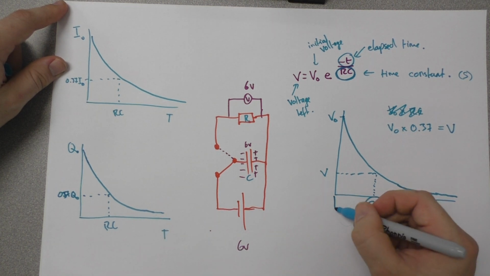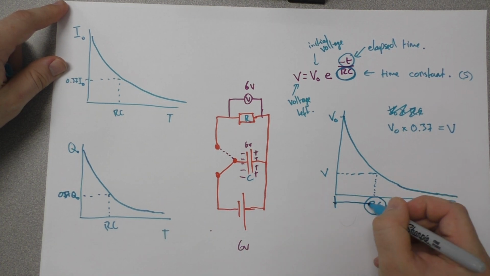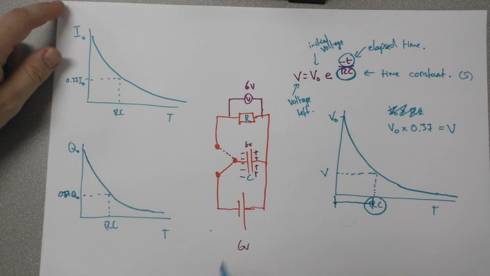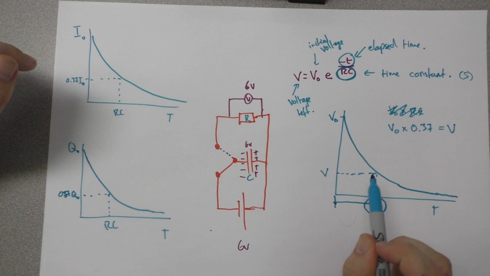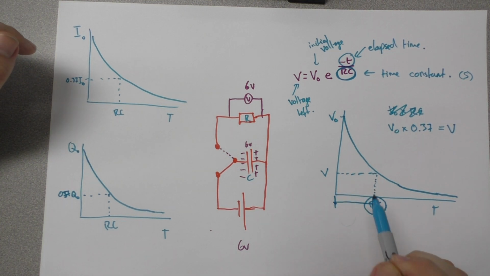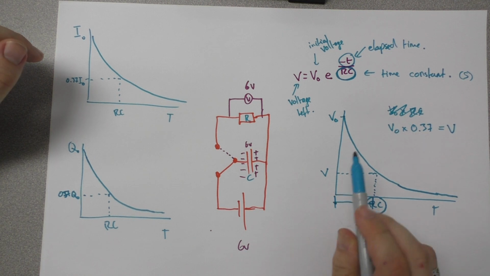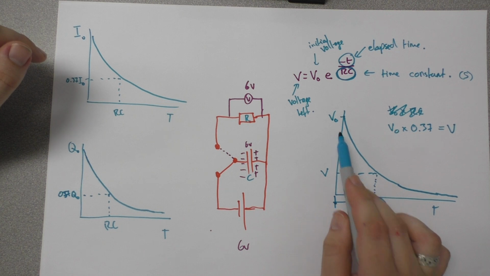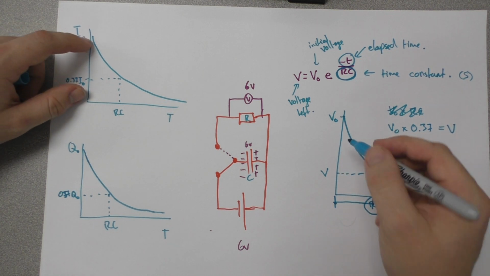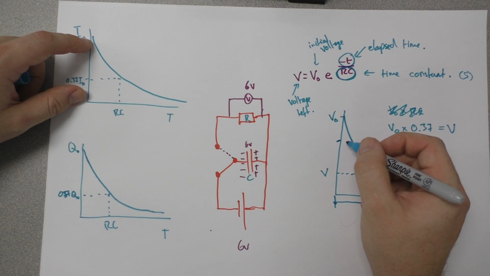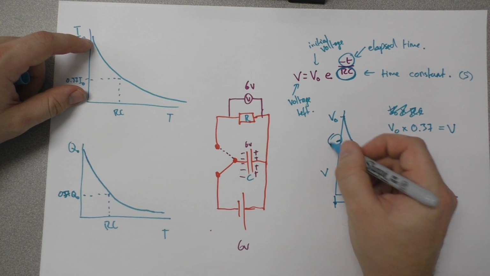Bear in mind, RC is the time taken to go from there to there, okay? Not that that makes a lot of difference at this stage, but when we actually study a nuclear decay, this idea comes up similarly, and you just need to be aware that it's the difference in time from that point to that point. That is even more pertinent if you were given a graph and you were talking about maybe a voltage here, and you wanted to work out the time constant based on this value, for example.